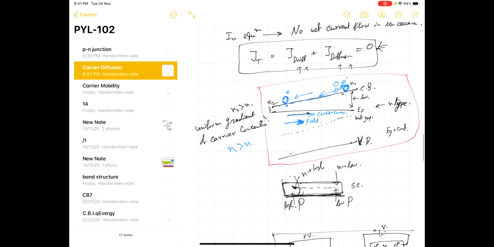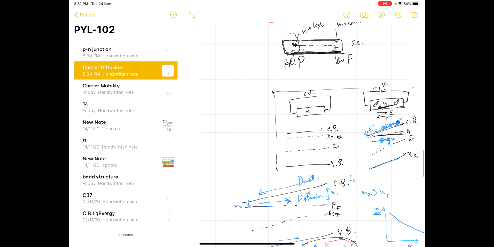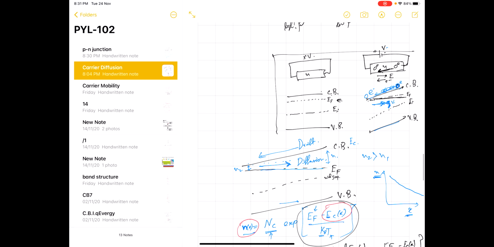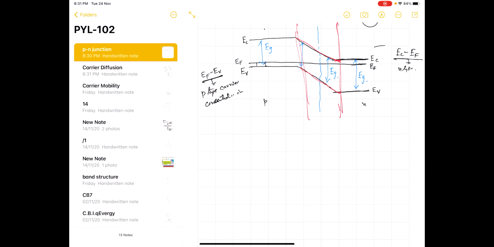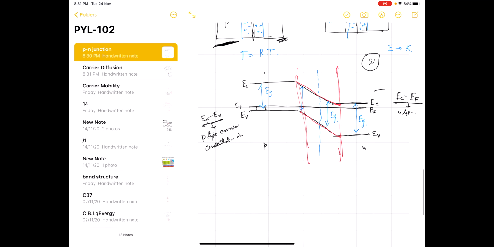Yeah, this is here. In the presence of the field, you see the bands tilt, so there is a slope change. In the same way, in a p-n junction, you see there is a slope.